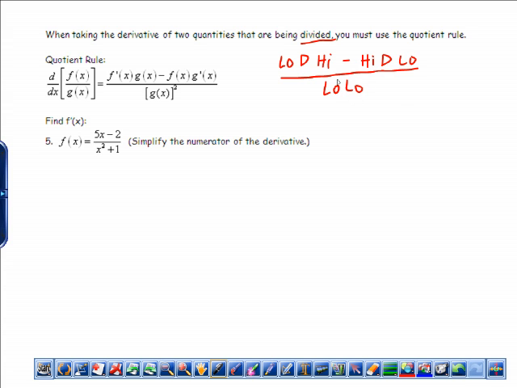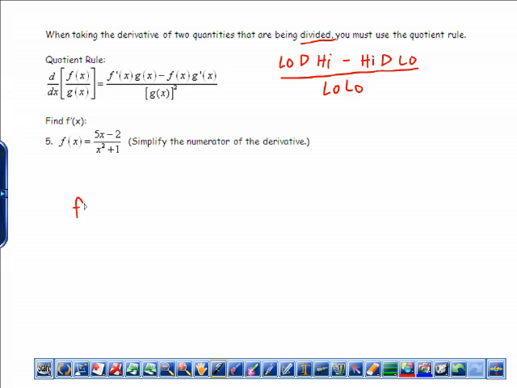You can Google quotient rule sayings and they'll show you lots of little stories that could go along with this. But what it means is you're doing the low function, meaning the denominator, times the derivative of the high function or the numerator first, and then minus the high function or the numerator times the derivative of the low function over the low function squared. So if you say this every day, if you're that type of person, then you'll remember it very well.